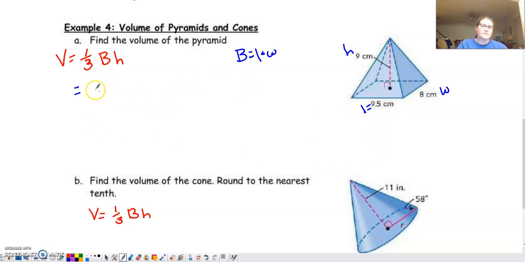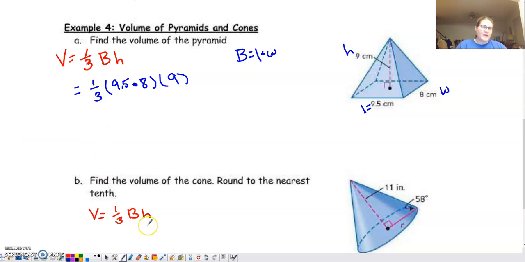So if I'm plugging in, then it's 1/3 of the area of the base, which is 9.5, my length, times my width, which is 8. That is multiplication and not a second decimal symbol. And then I'm multiplying by my height here, which was 9.